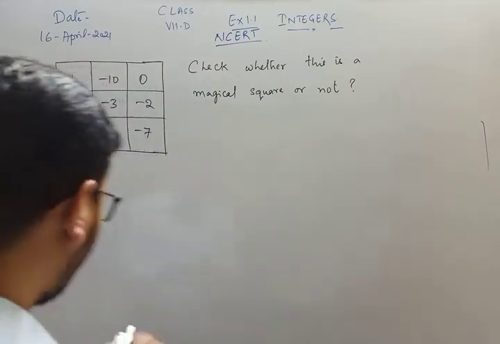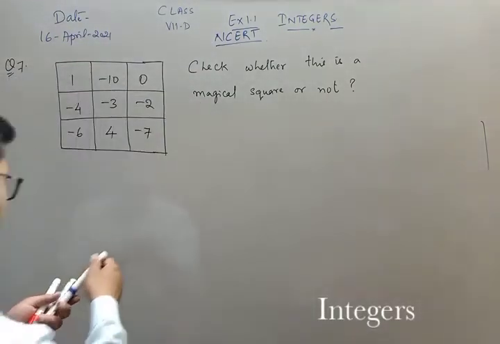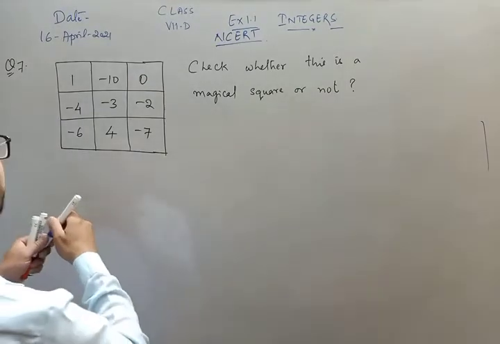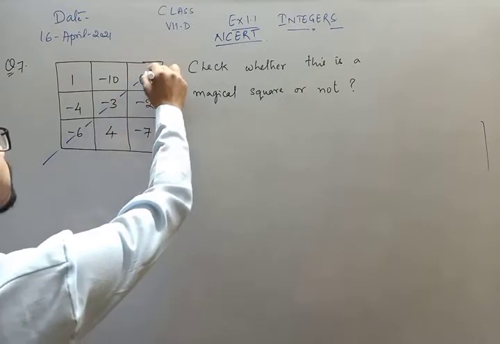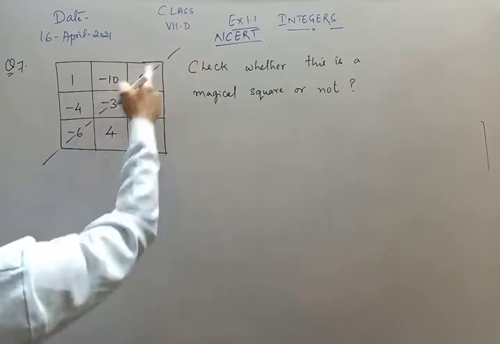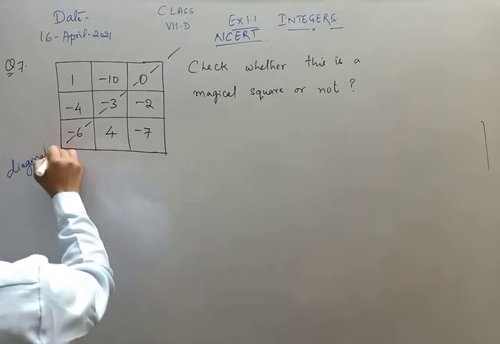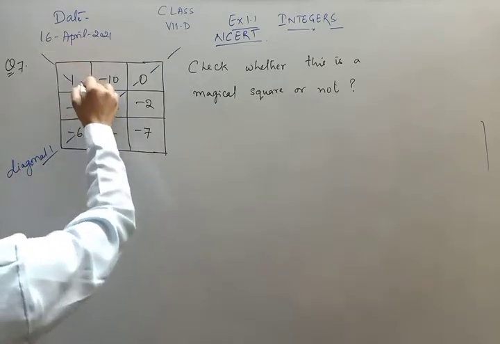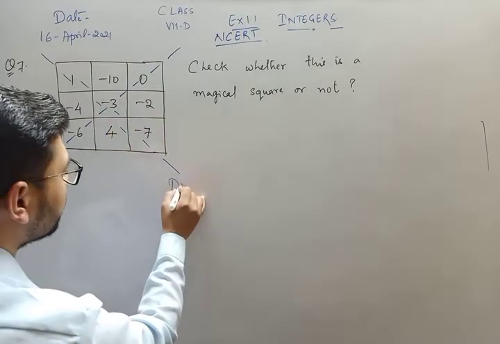Now, what are rows, what are columns and what are diagonals? See, this is a diagonal. Let's say I'm writing it like this, diagonal 1, and this is diagonal 2.